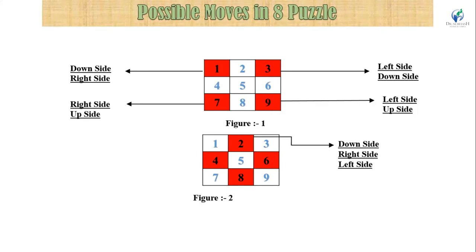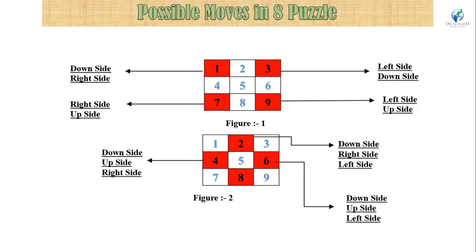If digit 4 is the empty space, we can move downside, upside, right side. If digit 6 is the empty space, we can move downside, upside, left side. If 8 is the empty space, we can move upside, right side, left side. So here we find only 3 legal moves for these 4 empty spaces.